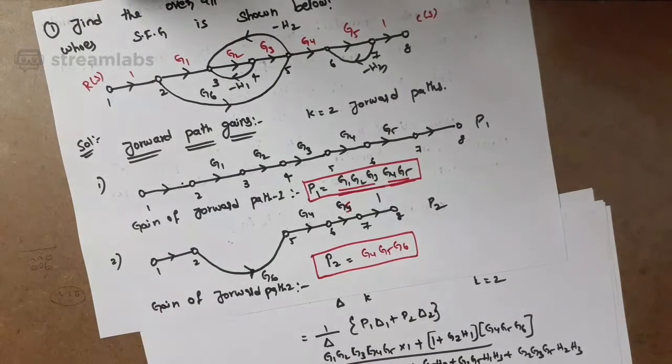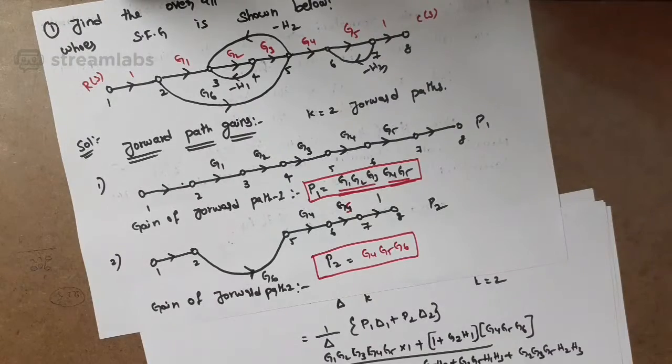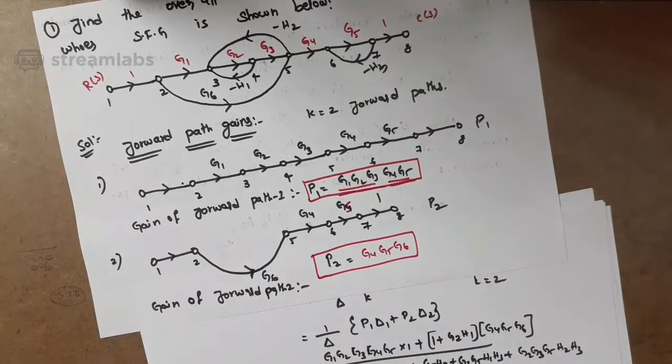So see here, what are the common terms present in all these terms? G4 G5, G4 G5, G4 G5. Can we take G4 G5 common in all the terms? G4 G5, or leave it as it is.